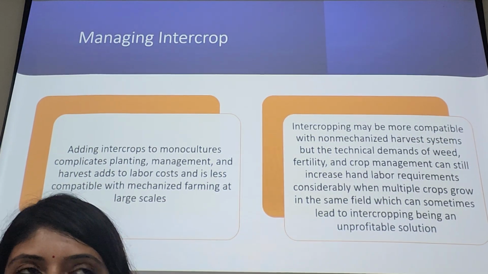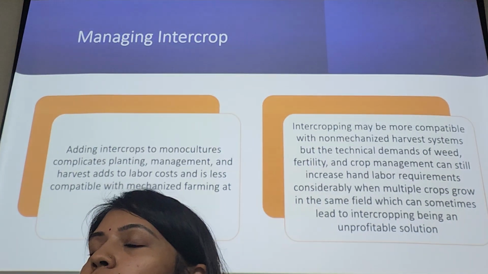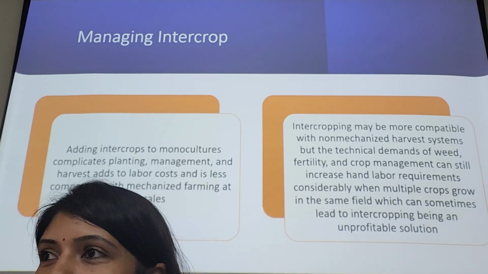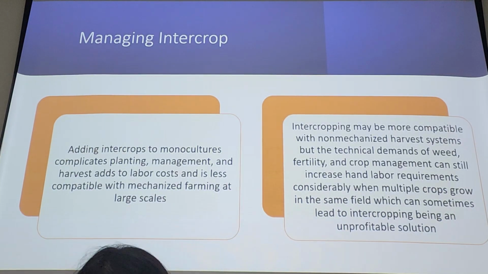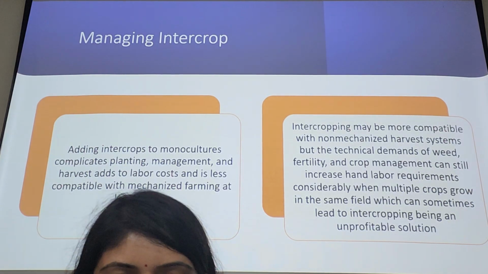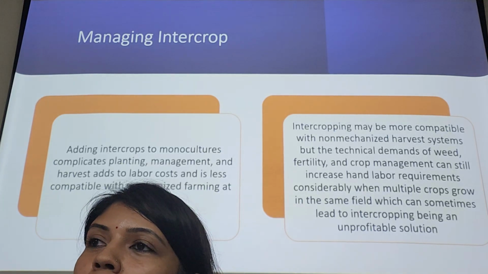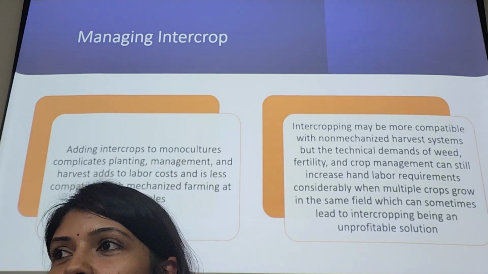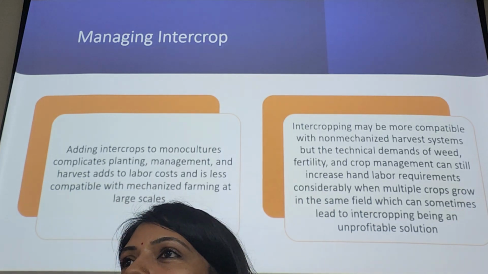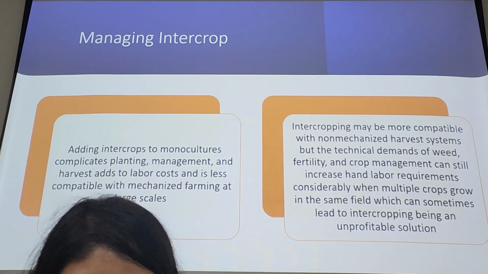So what is usually suggested is to do intercropping in farming systems that don't use much mechanization. However, although the farm is not using mechanization, there is still an increase in labor because we still need to harvest the crops separately, and in terms of weed management and things like that, it's going to be different.